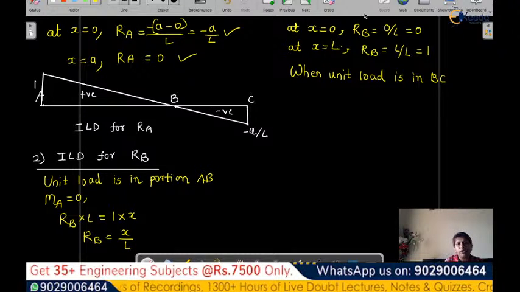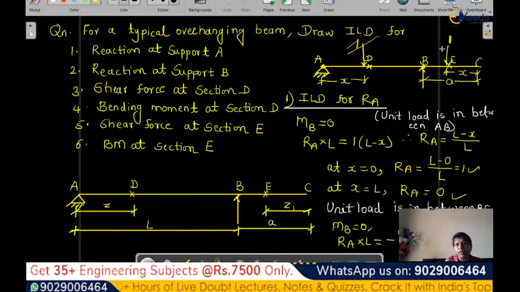Now let's see when the unit load is in BC. When our unit load is in BC portion and you consider moment about A, just see how we will write the equation. RB into L, this is the total length, and 1 into the total distance.